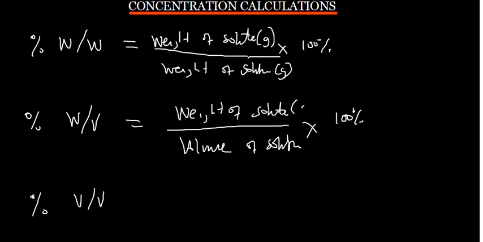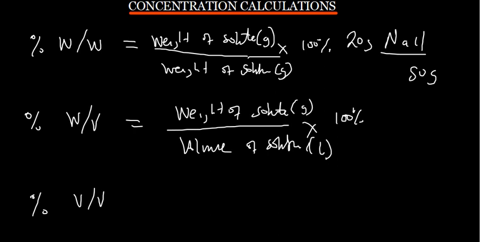Please make sure that the weights are in grams, all right? Like here, you can see we are talking about two different units. On top you have got weight, down you have got volume, which is in liters. So don't use kgs here, make sure that you use grams. The weight of the solid should be in grams. For example, if they've given you sodium chloride, let's say 20 grams of sodium chloride dissolved in 50 grams of water.